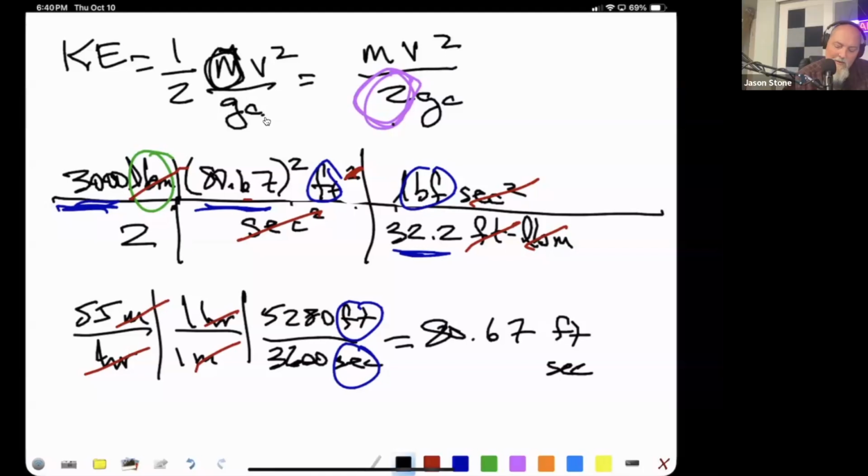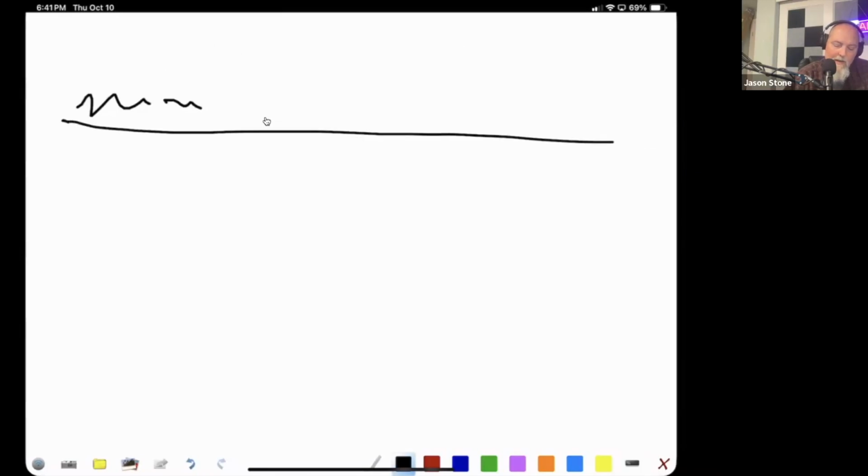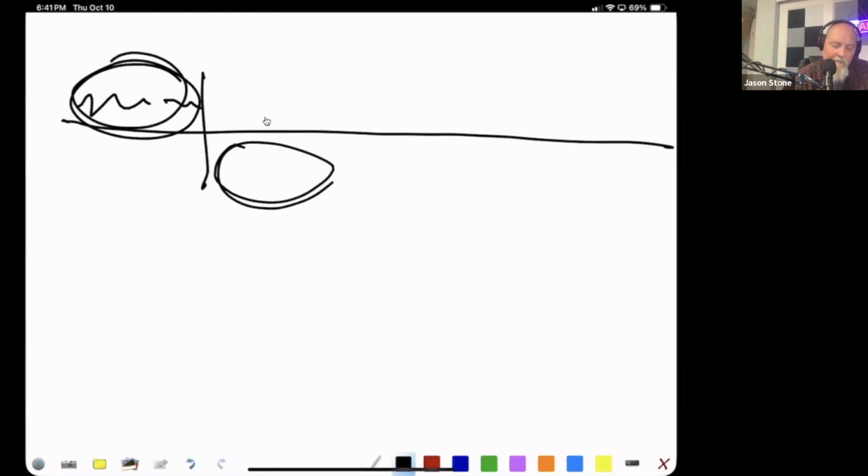And the biggest thing is you just get used to whatever your number is, right? And then your units, and then you just draw a line and do your first railroad track. And up here is the top, and down here is the bottom.